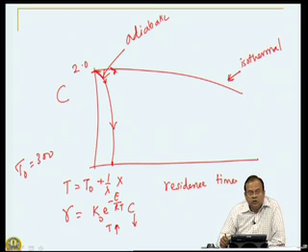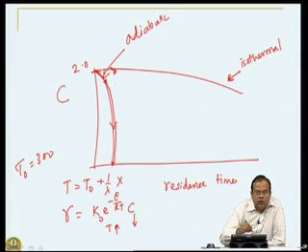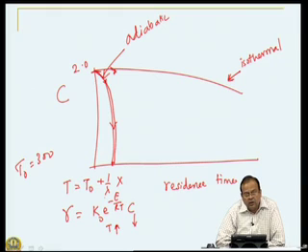How rapid is this temperature effect? If you look at the behavior over here, the slope is almost infinity. Why is that? Because the rate is highly sensitive to temperature increases. Remember, we talked about it in our first or second class, that even a 10 degree temperature increase can almost double the rate of reaction.